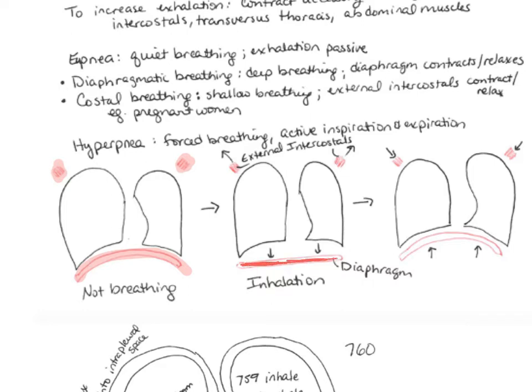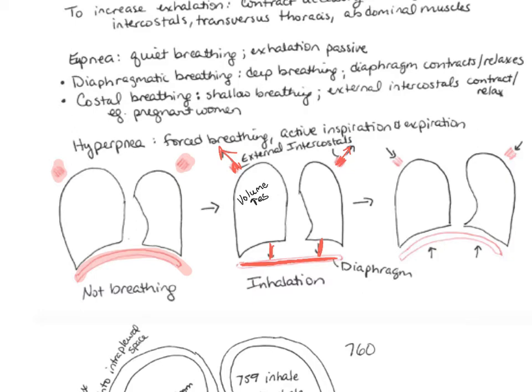So the diaphragm flattens out, and it expands the thoracic cavity by this much. At the same time, the external intercostal muscles pull the rib cage up and expand the thoracic cavity that way.